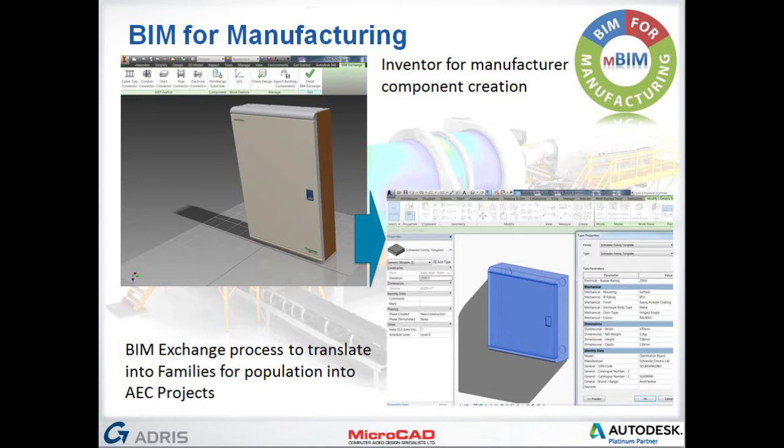So that comes with a lot more information inside of it, and that information can then be taken out into drawings in the same way that you would with 2D CAD information. You'd go to a manufacturer, maybe download a 2D detail from their website. Well, now that's moved into the 3D environment, and manufacturers are starting to have BIM-ready families available on the internet so that you can download those and start populating models with them.